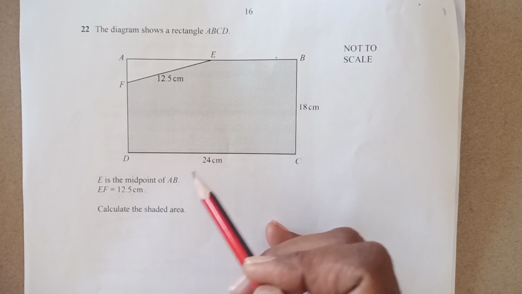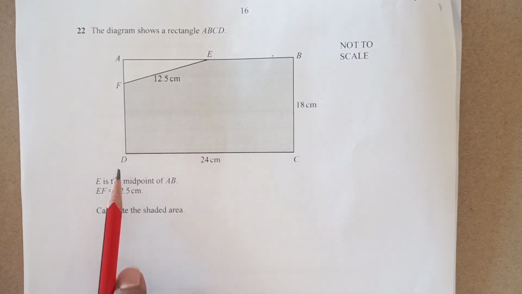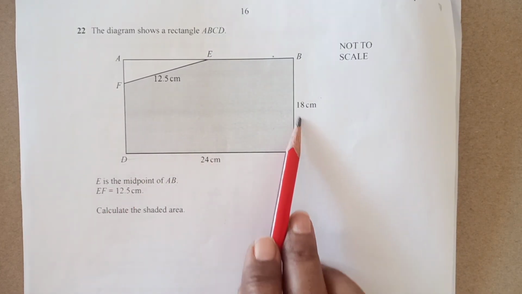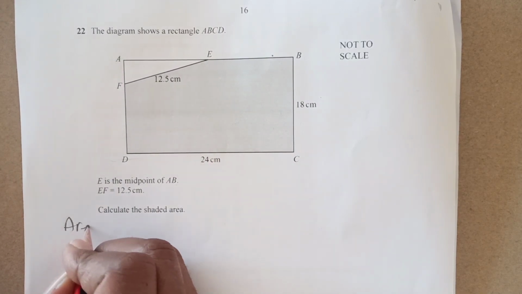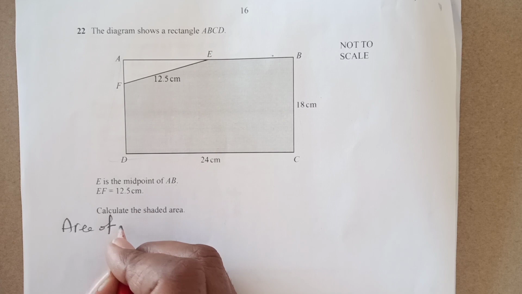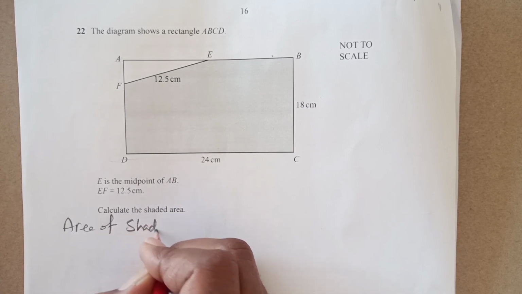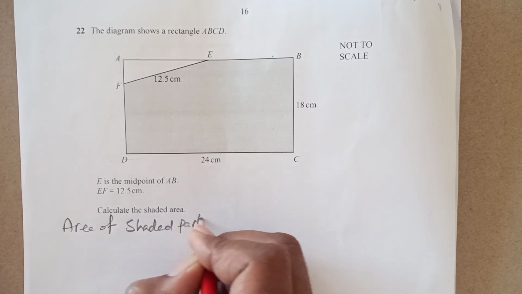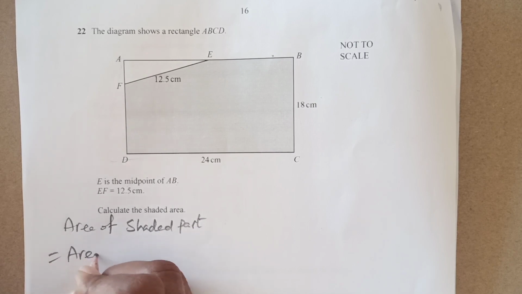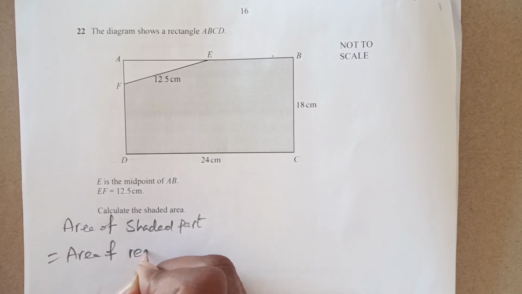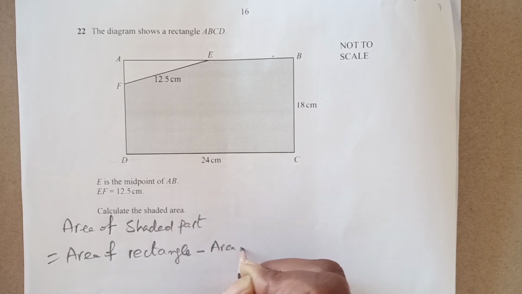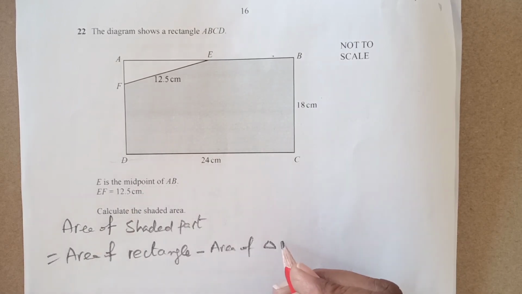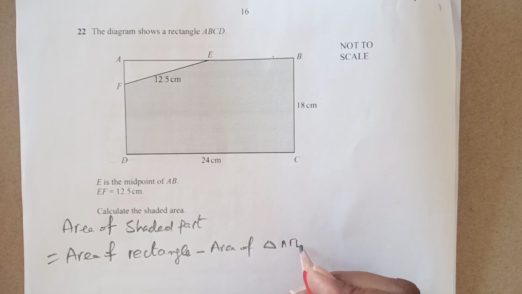So to find the shaded area, we can find the area of this whole rectangle minus the area of the triangle. So the area of the shaded part is equal to the area of the rectangle minus the area of the triangle. Which triangle? Triangle AFE, right?